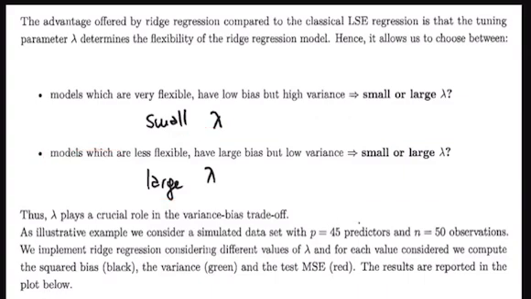Now I have another example here, an illustrative example. We consider a simulated data set with P equal to 45 predictors and N equal to 50 observations. We want to implement ridge regression considering different values of lambda. For each value, we compute the squared bias and of course the variance. The squared bias is in black, the variance in green, and the test mean square error.